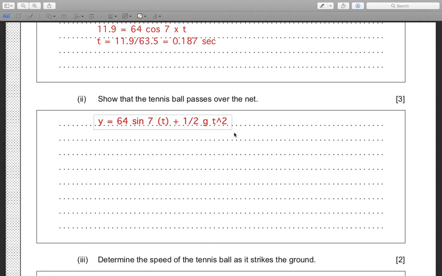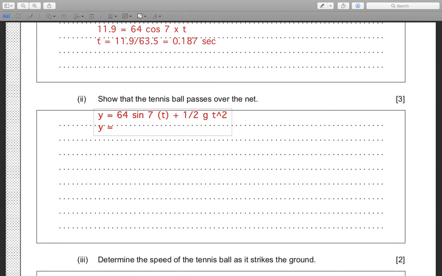So if we calculate this, y equals 64 sine 7, which we find first with my calculator, times t.